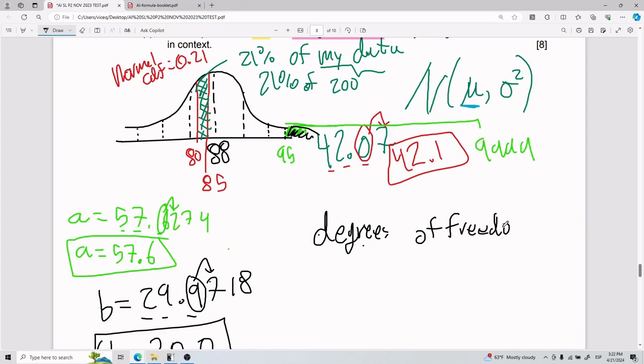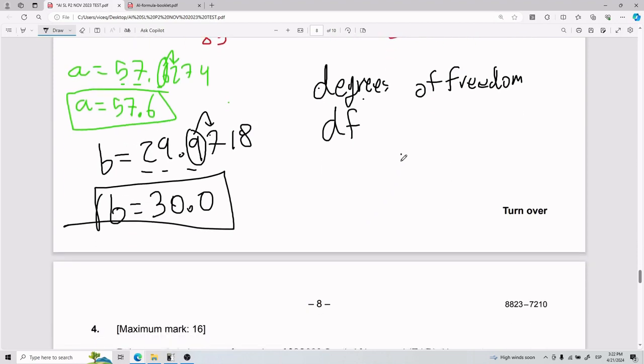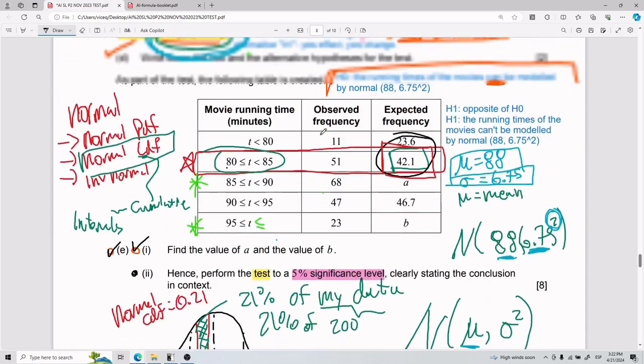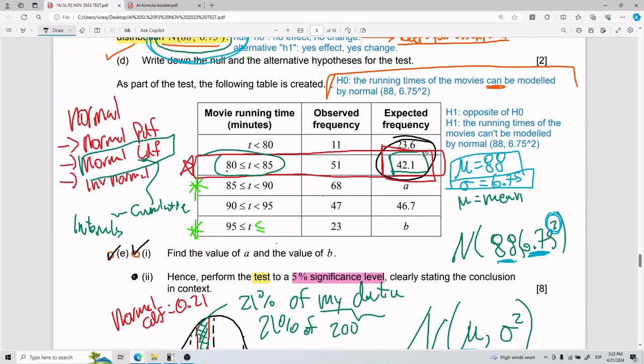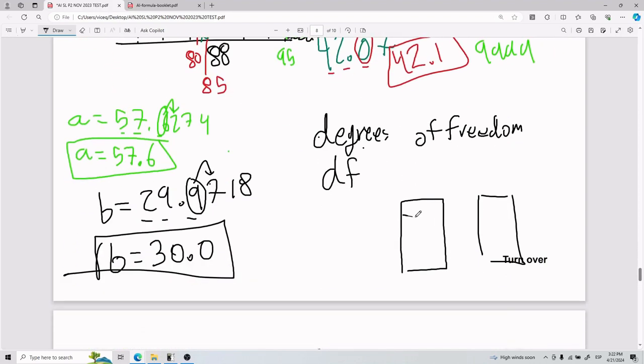And technically, it's really just the dimensions of your table, right? And so the table that I'm going to be putting is a bunch of lists. How many numbers are you going to be putting? You're going to be putting 1, 2, 3, 4, 5. And so degrees of freedom, for our intents and purposes, for the IB, is going to be n minus 1, okay?